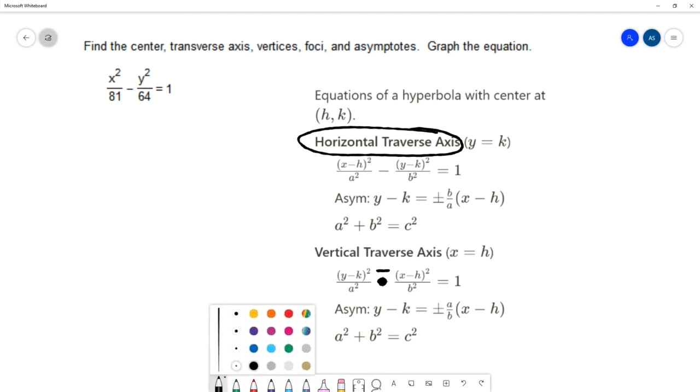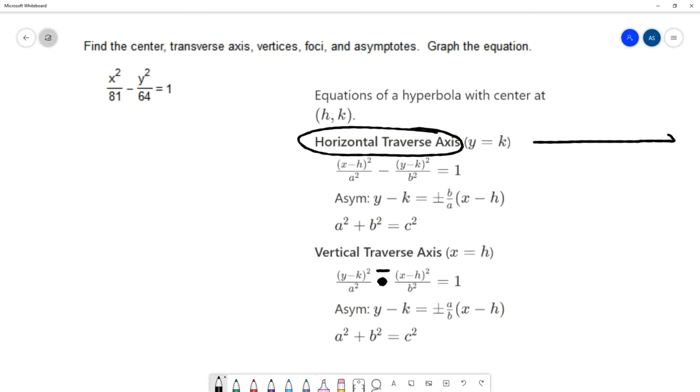Now that's important because that tells us a lot about our hyperbola. Having a horizontal orientation tells us that our important features are all going to line up horizontally.